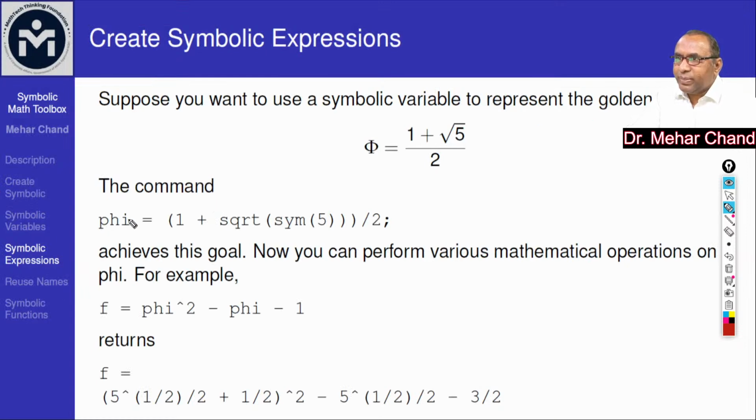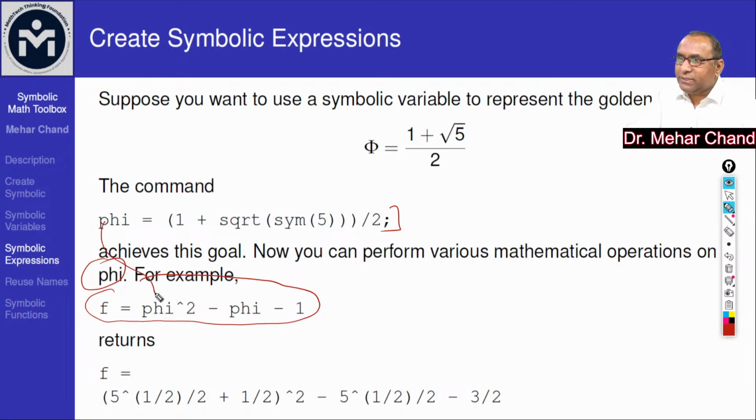So now this statement has been covered. You can perform various mathematical operations on this phi. For example, if you have a polynomial of phi, as you can see here, f is equal to phi squared minus phi minus 1.